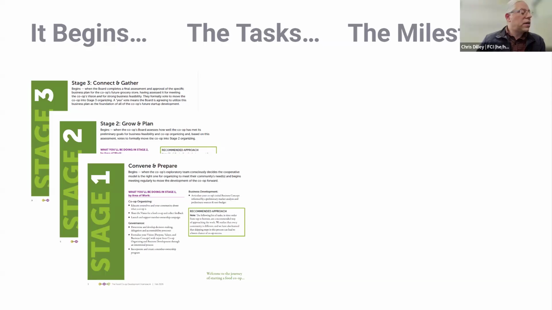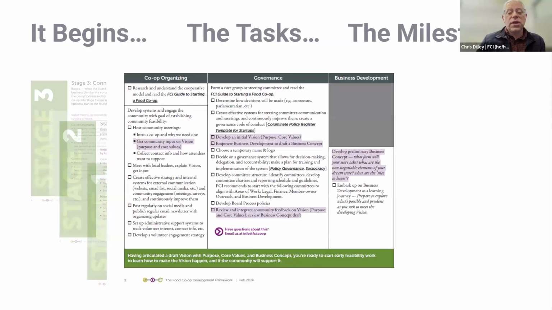And then the second chunk of pages within each stage are the tasks. And this again is that illustration of the activities that can be done to achieve the needed outcomes for the stage. So you'll have an understanding of how the stage begins and then what critical work you'll be doing during the stage.